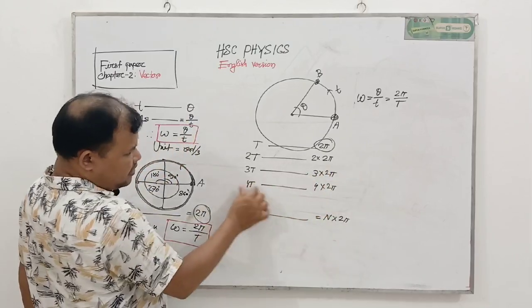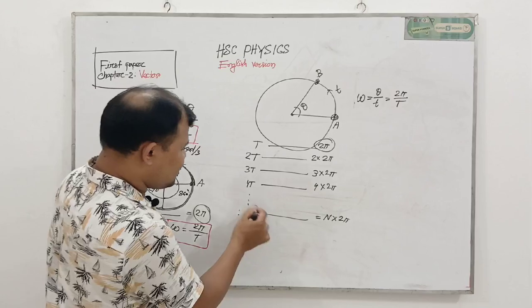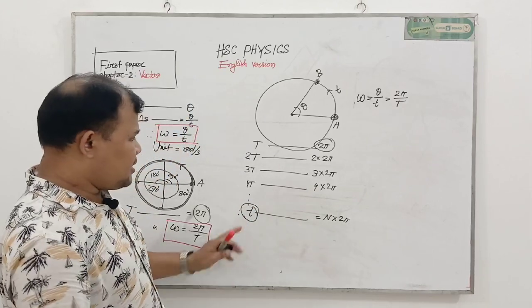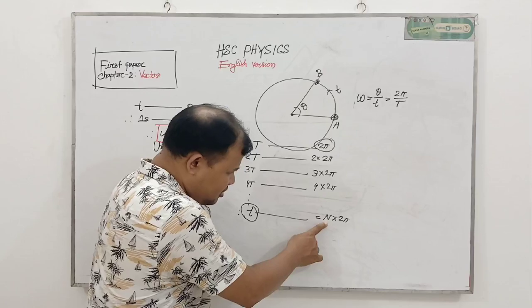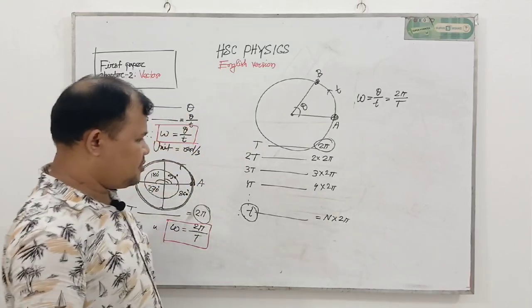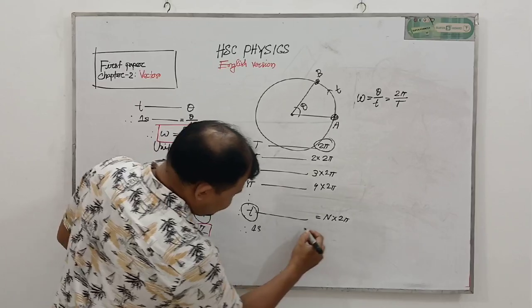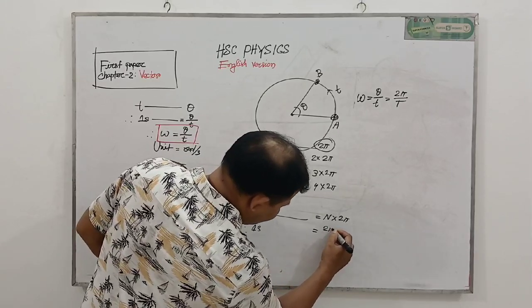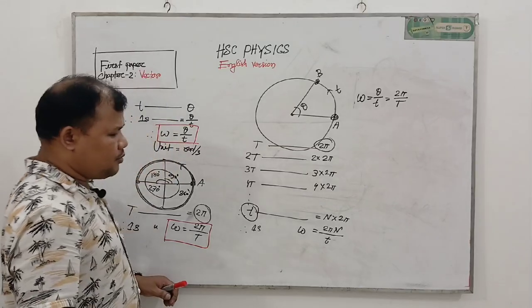For 4 rotations, it will be 4 into 2 pi. Within a given time, if the number of complete rotations is n, the total angular displacement will be n into 2 pi. Now, for 1 second, we get twice pi n divided by t, and this is also called angular velocity.